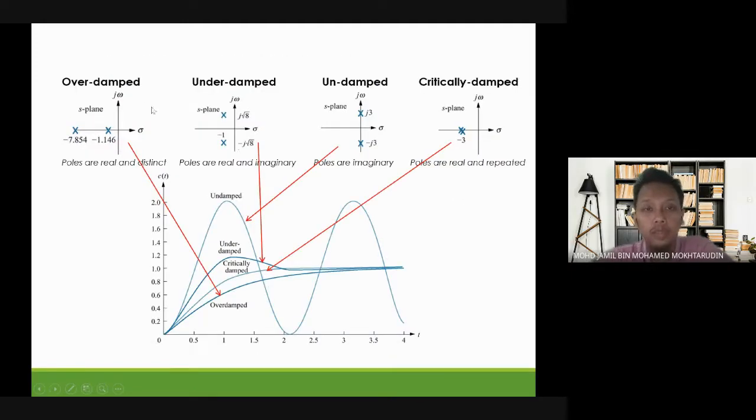Okay, so why do we need to know about the different types of second order system? Because later in the following lectures, actually we will assume system of order 3 and above, like third order system, fourth order system, and so on. We tend to assume it to have properties similar to second order system because it also has oscillation, okay, like undamped, underdamped, critically damped, and overdamped.